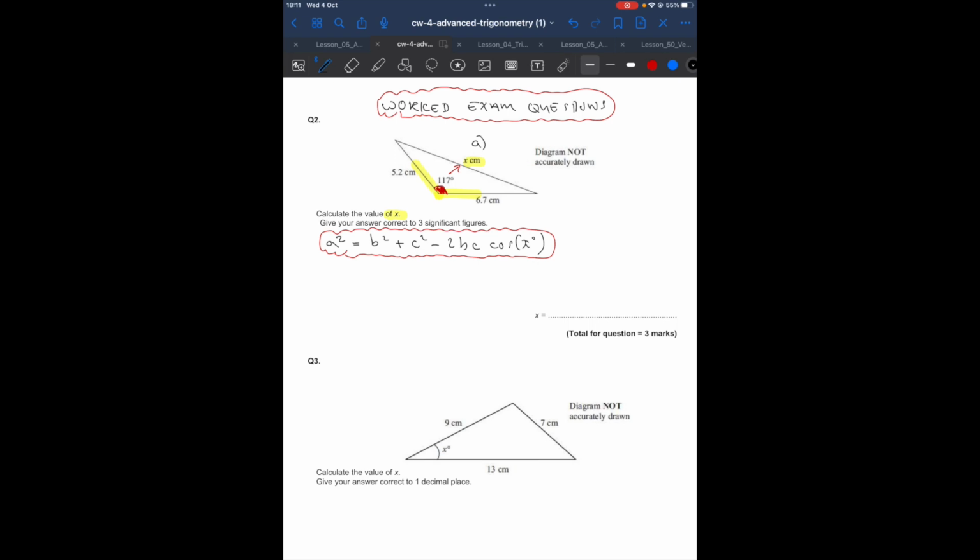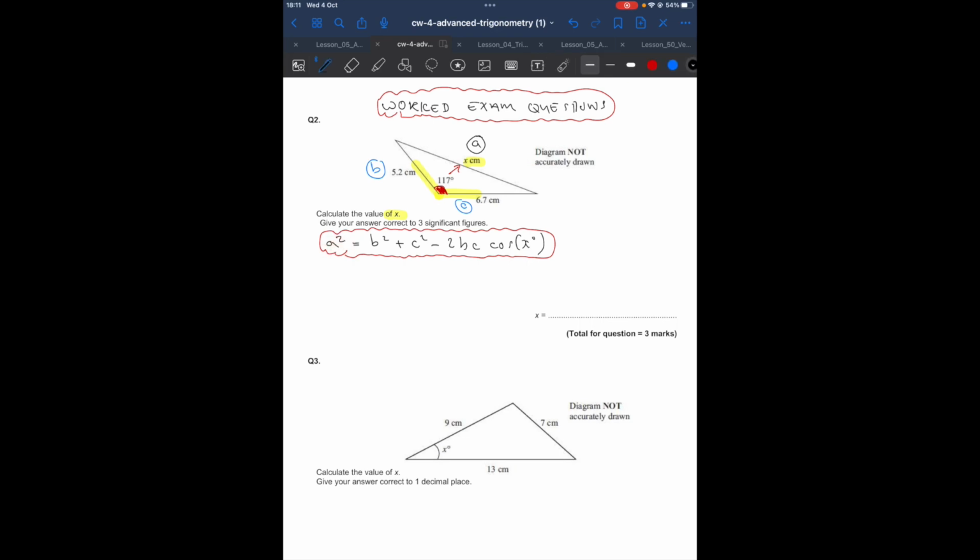That is the length that we call little a. The other two lengths we're going to call B and C respectively. We then simply replace the B and the C, the given lengths, and the angle 117 degrees into the cosine rule formula. Remember, we're trying to work out little a.